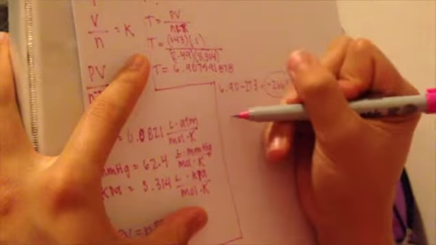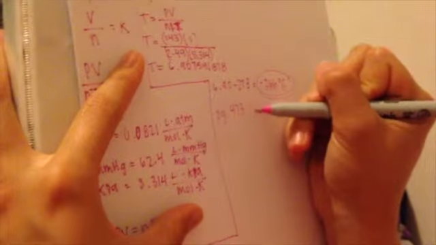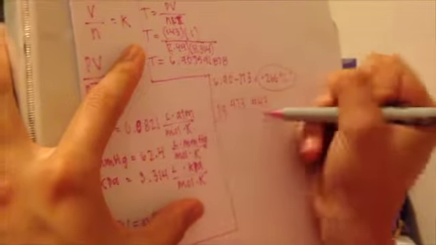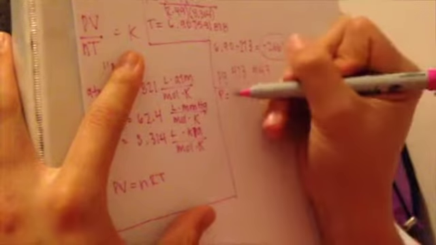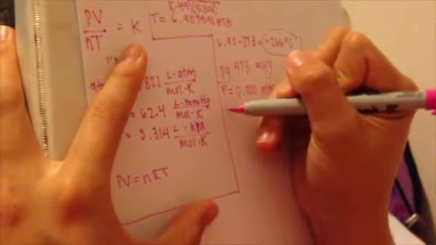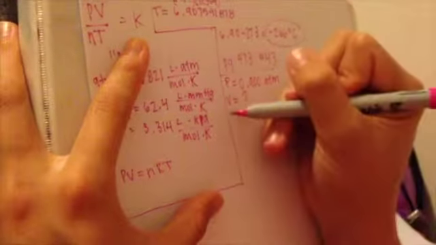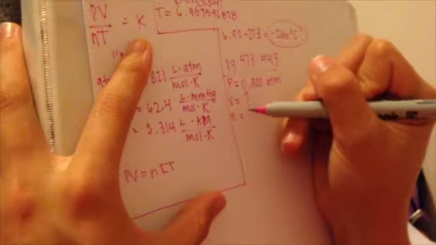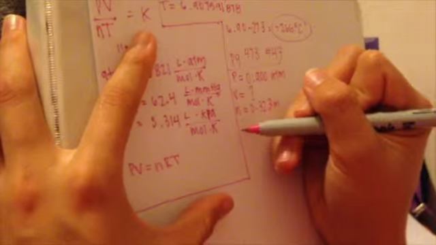Alright, so now number 43 asks you to solve for volume. Your pressure is equal to 0.900 atm. Your volume, we don't know because we're going to solve for that. The amount of moles present is equal to 0.323 moles.